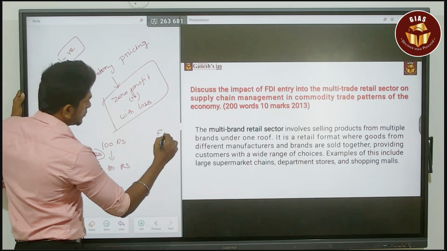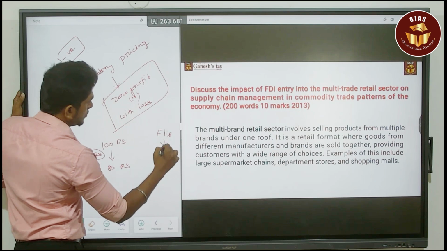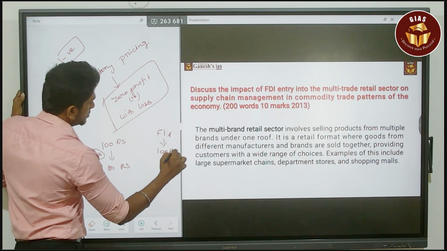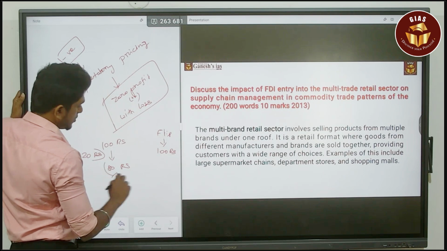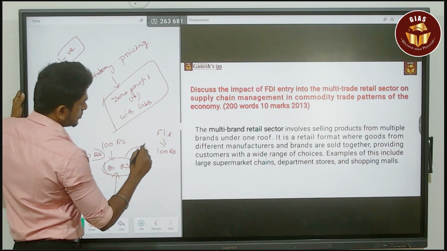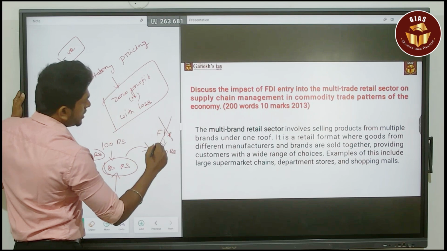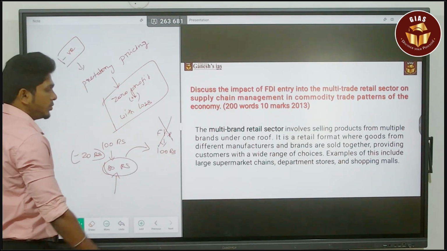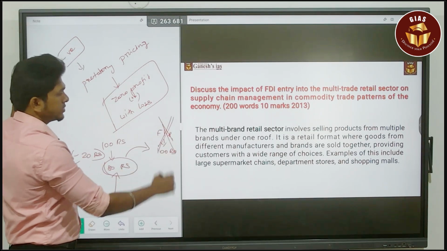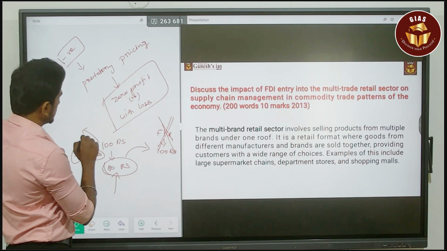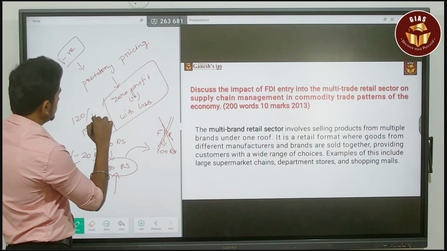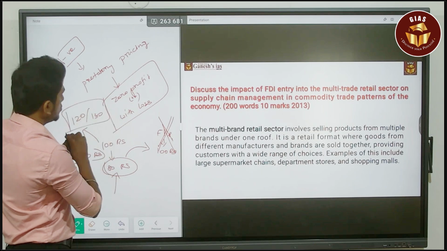And Flipkart is selling it for 100 rupees. So obviously the consumer is going to buy the product from Amazon for 80 rupees. In a certain time period, Flipkart won't be in that market. So there won't be any competition. Afterwards, Amazon will fix the price at 120 or 130 rupees for a huge profit.